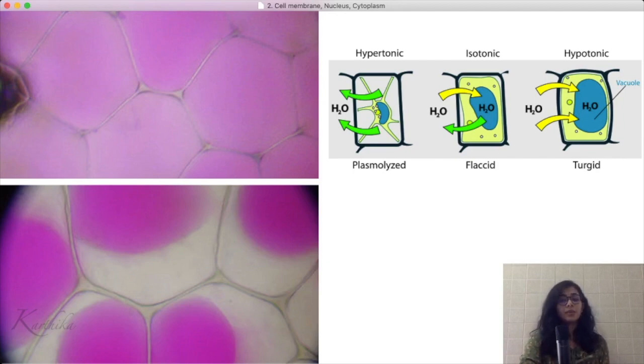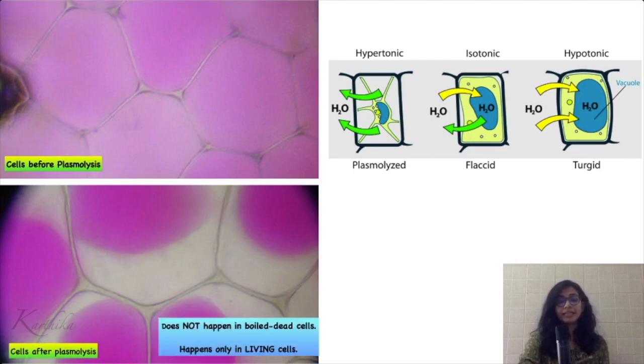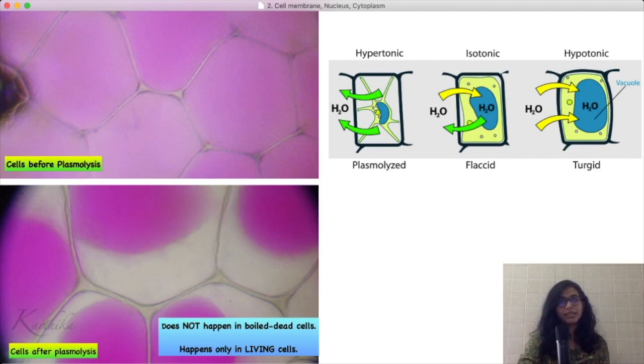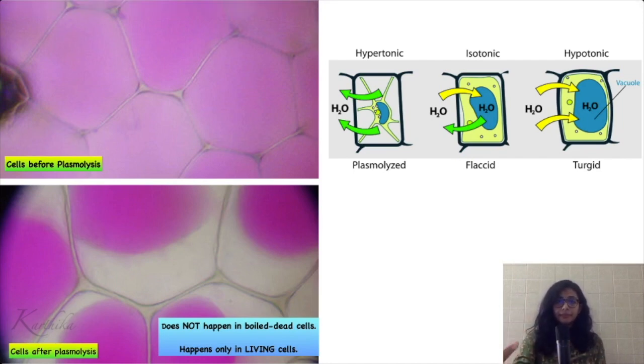Now, one thing we need to remember is that this happens only in living cells. So, if the cell is dead by wear and tear, or if we boil the leaf, or in any way the cells die, this plasmolysis will not happen there. So only living cells exhibit plasmolysis.